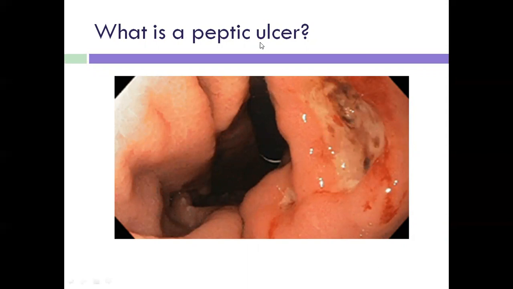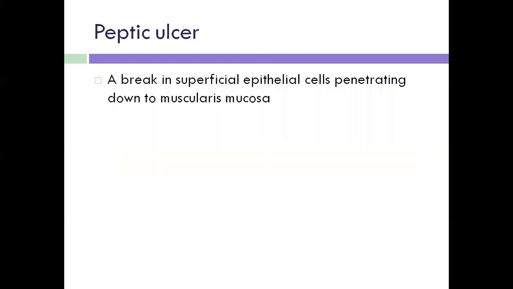What is ulceration? Ulceration is a necrotic situation due to lysis of tissue or cellular patterns. Therefore, a break in superficial epithelial cells penetrating down to the muscularis mucosa confirms peptic ulcer.